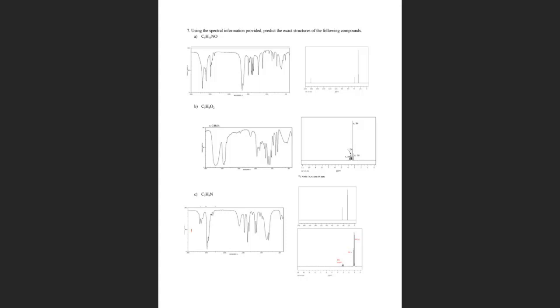Okay, I like it. Primary amine. That makes sense because we have C3H9N, so you could definitely have two hydrogens with that nitrogen. With the CNMR, do we see any symmetry that's possible in this molecule? Yeah, okay.